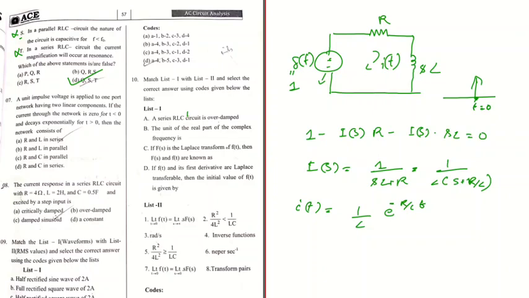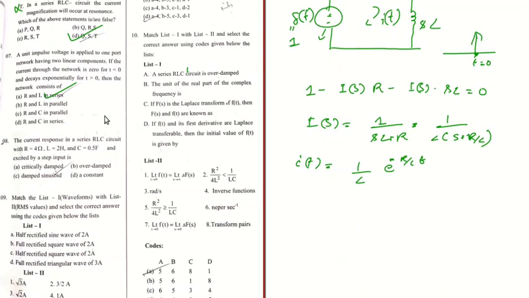And it decays exponentially for t greater than 0 because it is a negative exponential. So R and L in series is the correct answer. We don't need to do anything other than that. Let's move on to the next question.